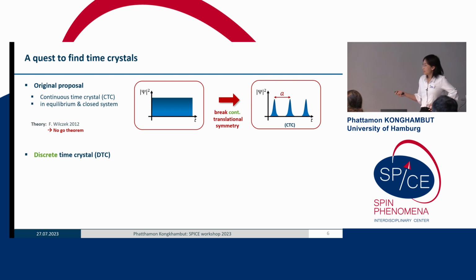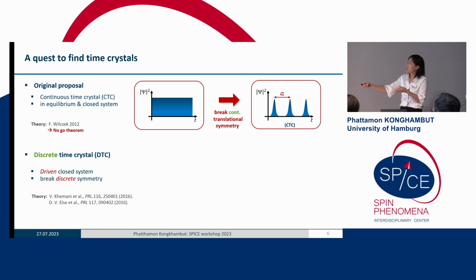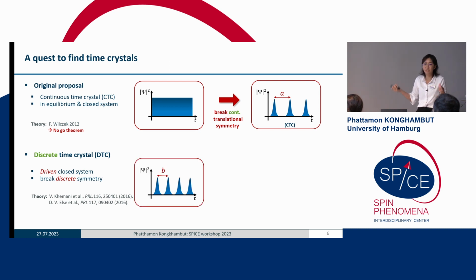So the rule of the game is like this: whatever type of symmetry you break, you call that a time crystal. The original proposal would be a continuous time crystal because it breaks a continuous time translation symmetry. But here, what people propose is that you don't start with a continuous symmetry in time, but you imprint some discreteness on your system, for example, you Floquet drive it.